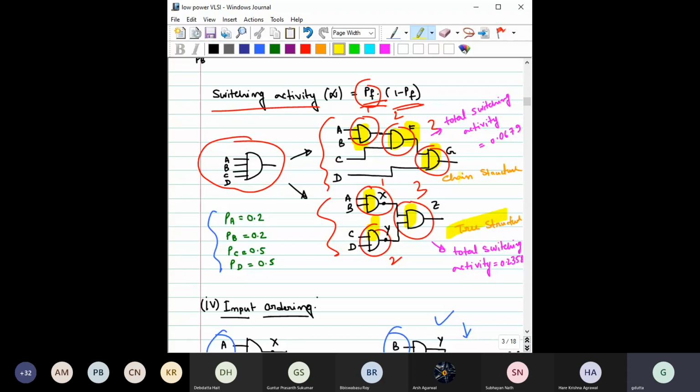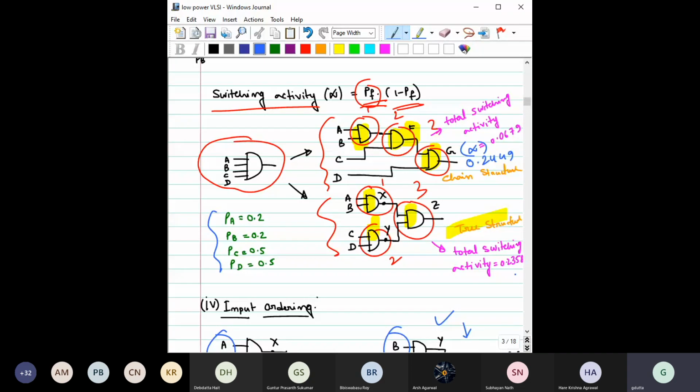If you change it like this, do you recall what was the value of alpha for this case that we calculated last class? If you calculate the alpha for the first one, it is 0.2449, the total value of alpha here, right?